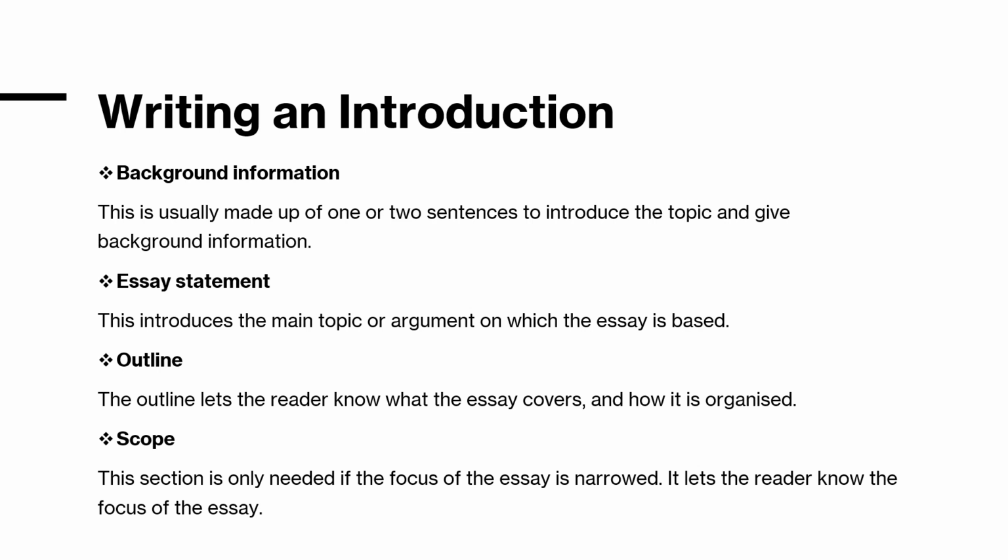This introduces the main topic or argument on which the essay is based. Then there's the outline. The outline lets the reader know what the essay covers and how it is organized. Then there's the scope. This section is only needed if the focus of the essay is narrowed. It lets the reader know the focus of the essay.